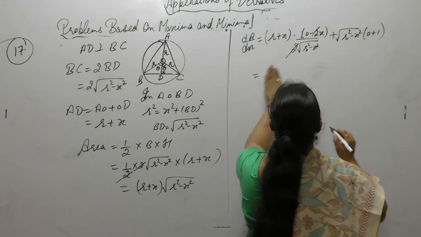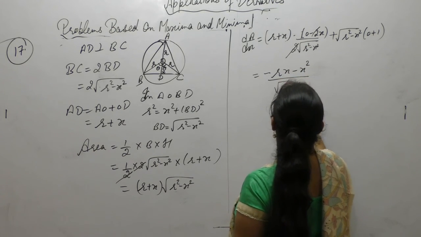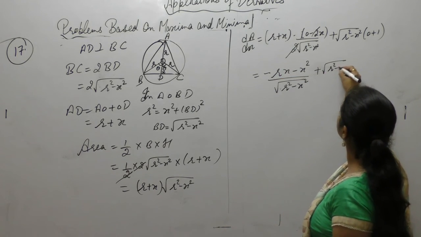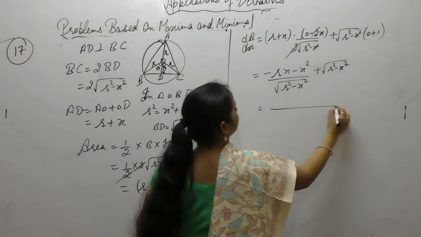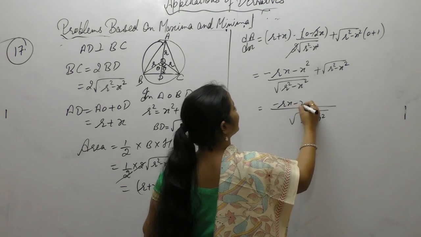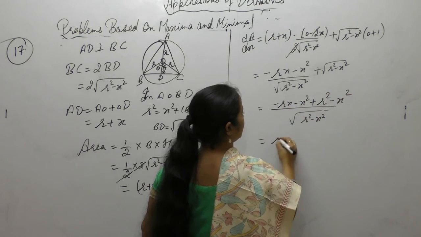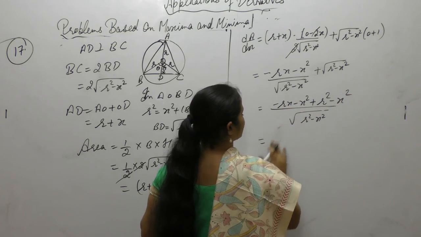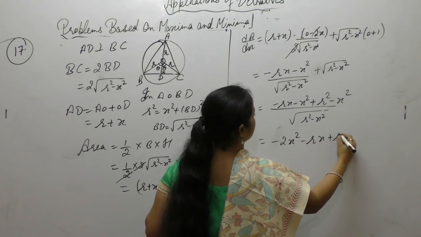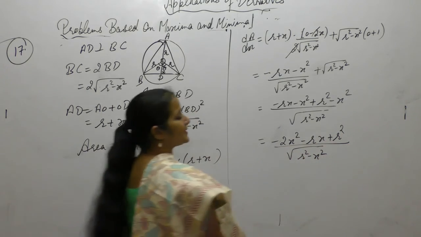So we are left with minus Rx minus x square upon square root of R square minus x square. Take the LCM here. Minus Rx minus x square plus R square minus x square, minus 2x square plus R square. We get this term.